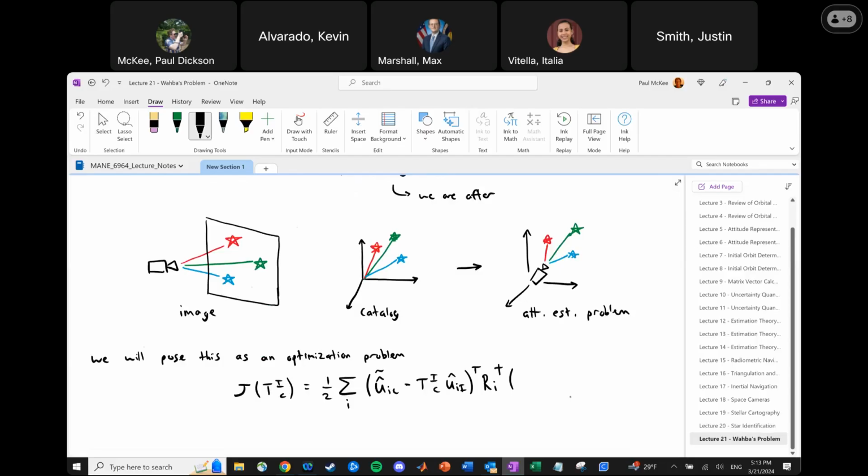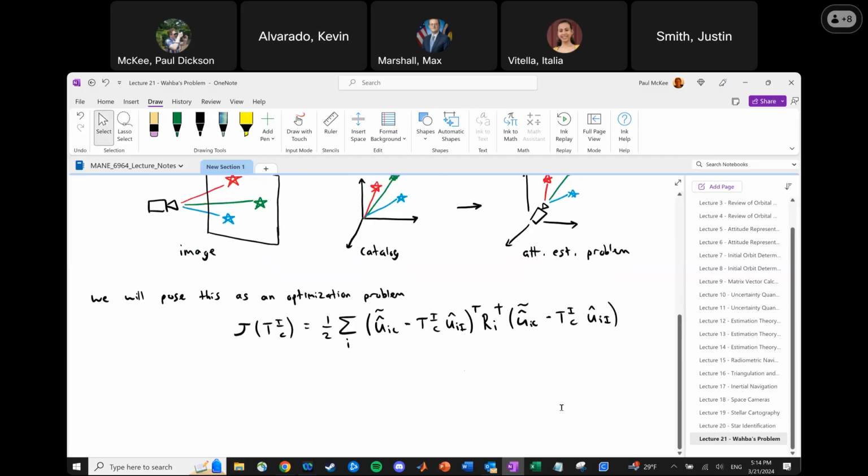We're trying to write an equation for the error. We're looking at the sum of the squared error weighted by the inverse of the covariance matrix. This is an MLE problem, right? So this is UIC minus T from I to C UII again. There we are. So that is our problem. Now we're going to try to simplify this a little bit because that's a lot.